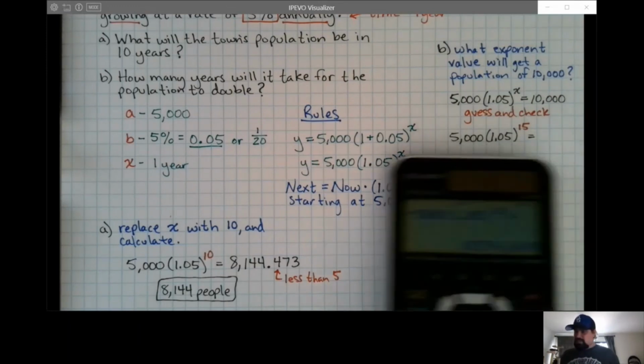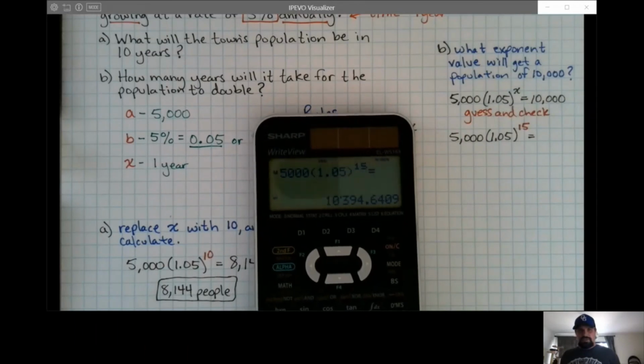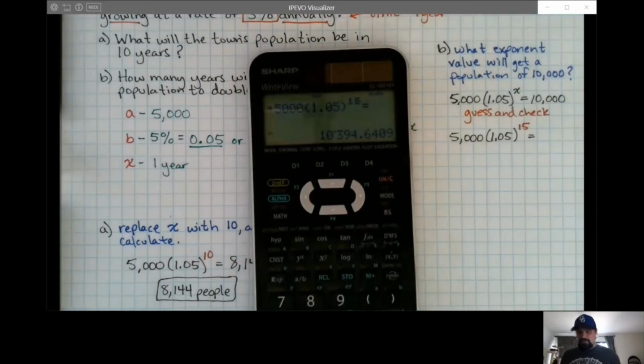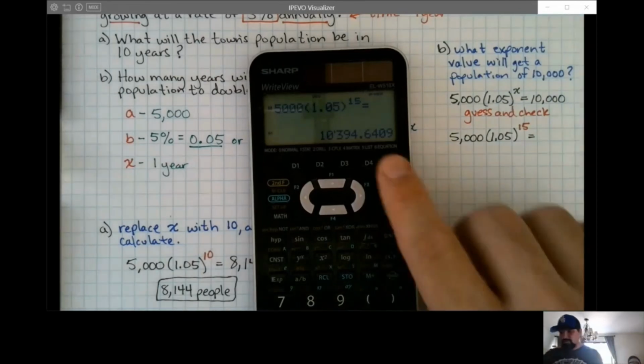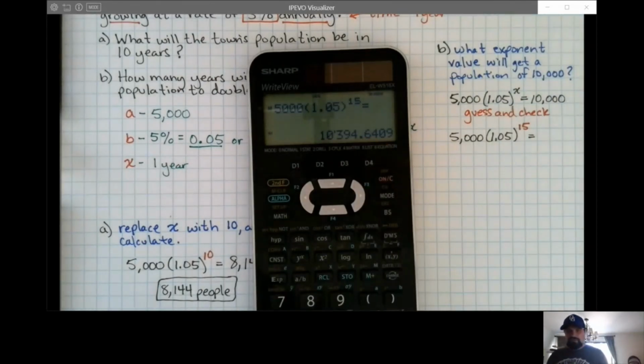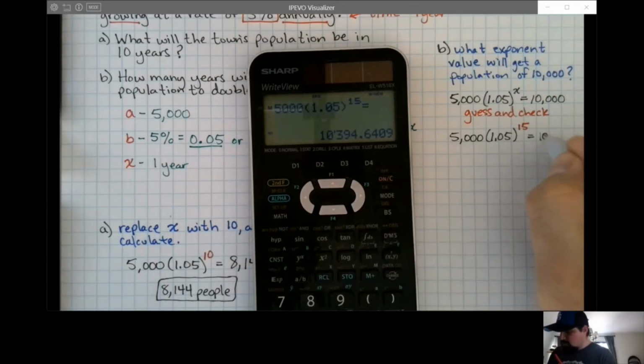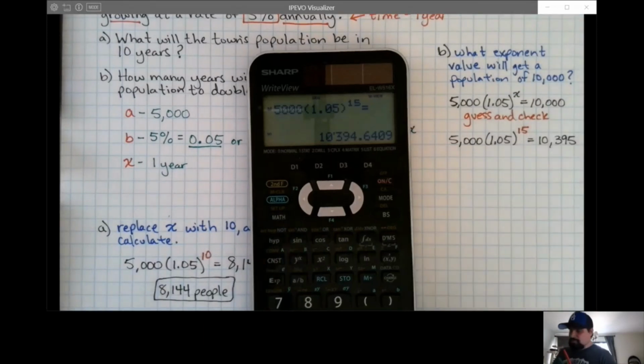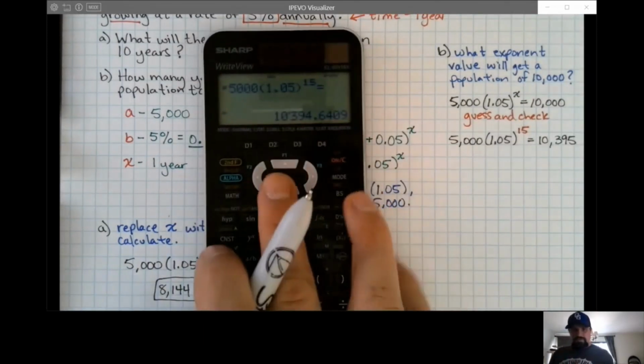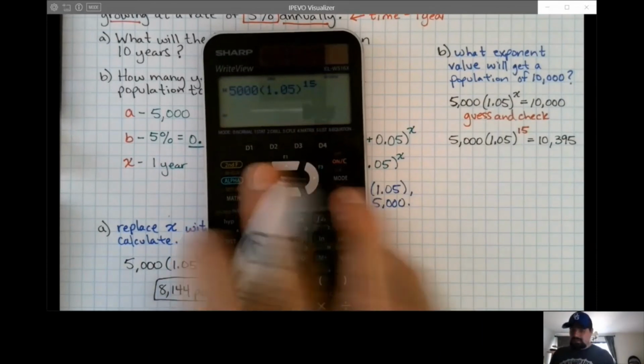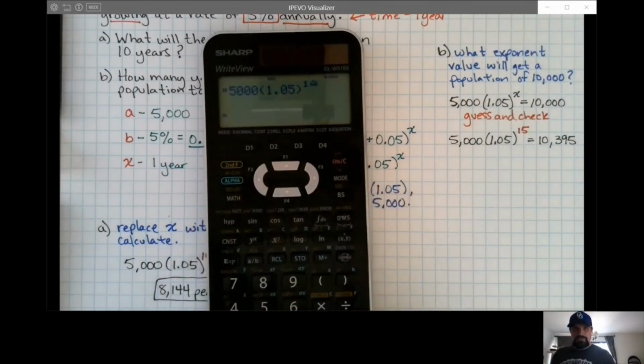That gets me 10,394.6. So since our decimal here is bigger than 5, we're going to round up to 5 for the number of people. All right, so that will be 10,395.